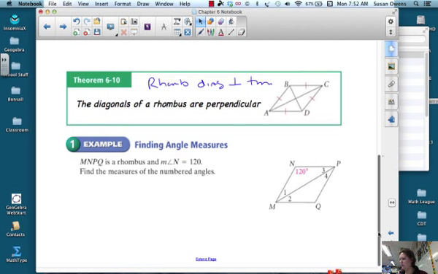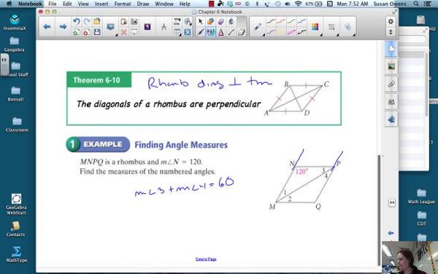So here's a little algebra problem. We're given a rhombus and we're given the measure of angle n is 120. Find the measure of all the numbered angles. So one of the things we know is that a rhombus is a parallelogram, so opposite sides are going to be parallel. So we know that the measure of angle 3 plus the measure of angle 4 is supplementary to 120. So that is going to be 60 degrees.